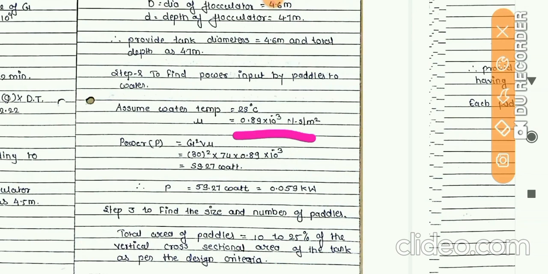So power is equal to G² V μ, where P is the power in watts, G is the velocity gradient per second, V is the volume of water to which power is applied, and μ is the dynamic viscosity or absolute viscosity of the raw water.